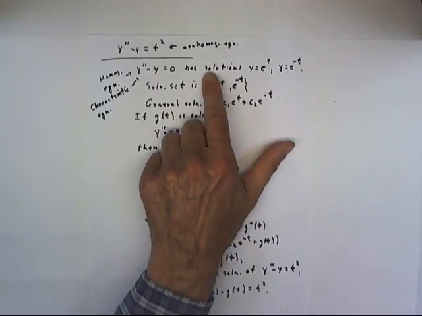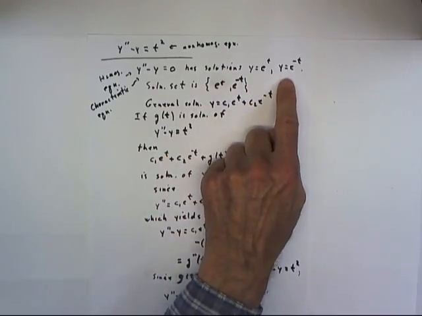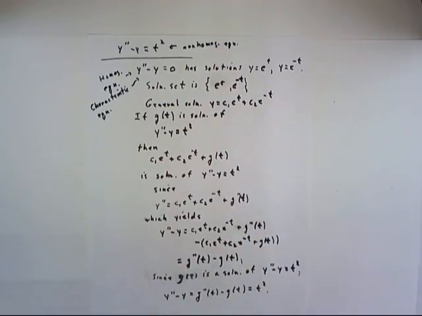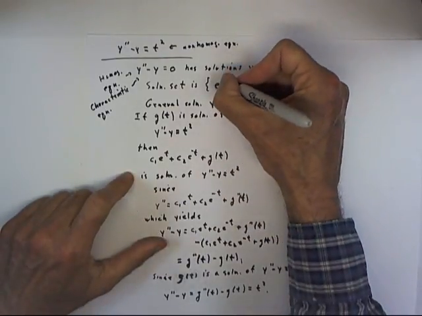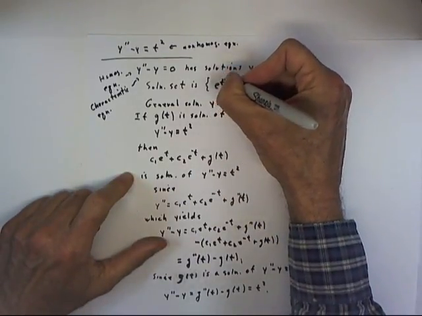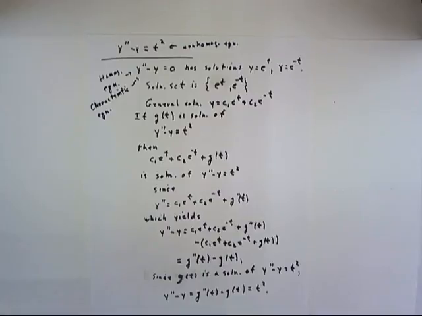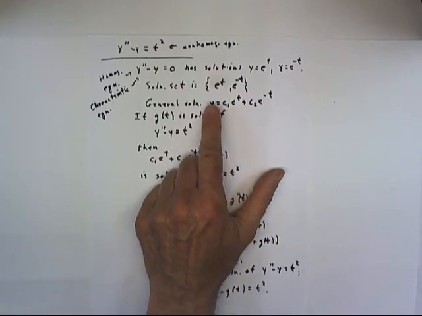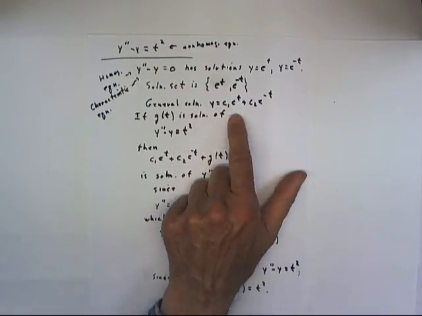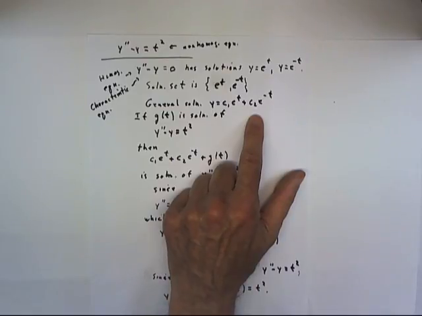Now it's real simple to find the solutions to this equation. We have a solution set, actually a fundamental set. The general solution to this equation is y equals c1 e to the t plus c2 e to the negative t.